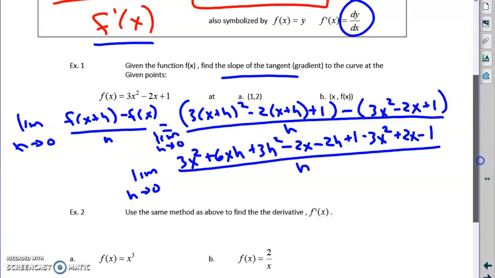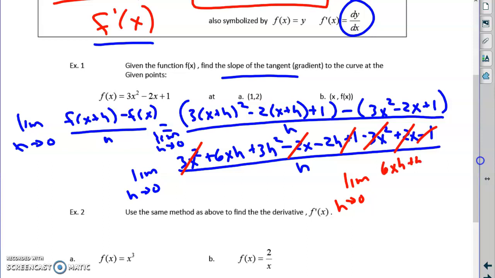A lot of things will cross out. 3x squared minus 3x squared, minus 2x plus 2x, 1 minus 1. Leaves us with limit as h approaches 0 of 6xh plus 3h squared minus 2h all over h.